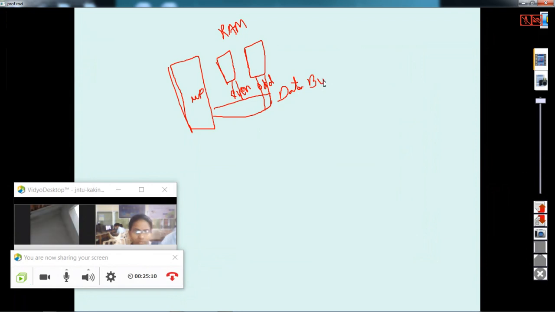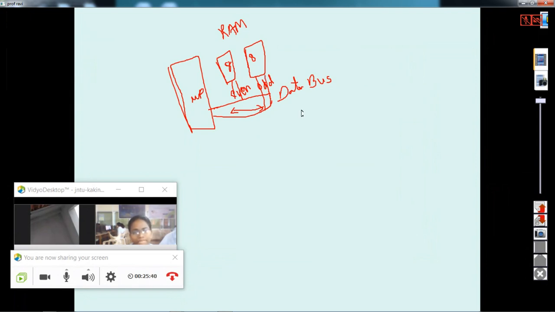So you get 8 bits, one byte, from the even memory and one byte from the odd memory. Together it becomes 16 bits. So the processor can fetch 16 bits at a time.